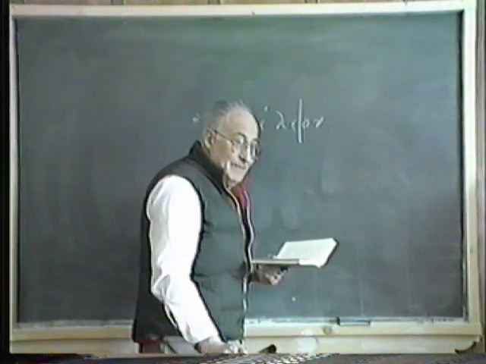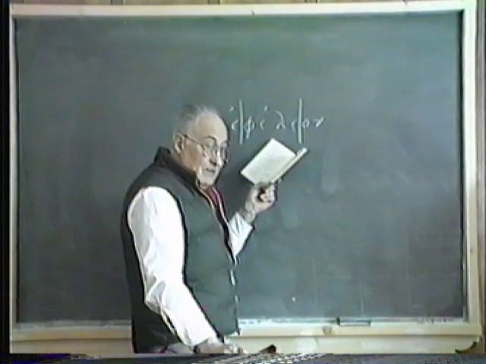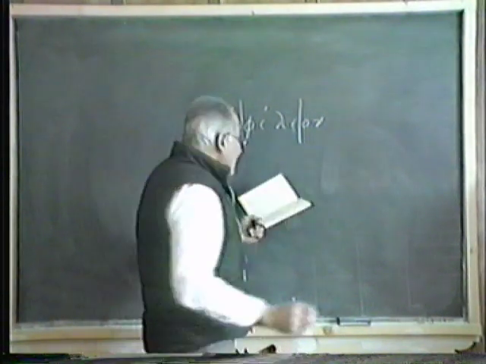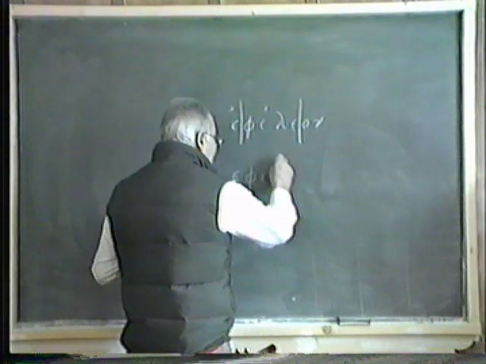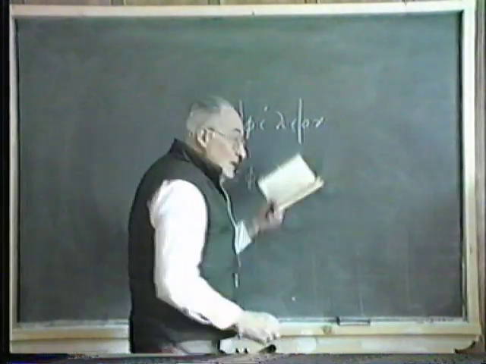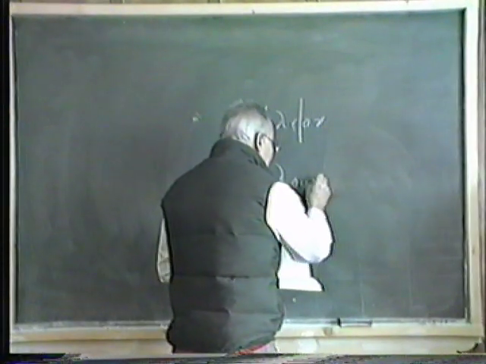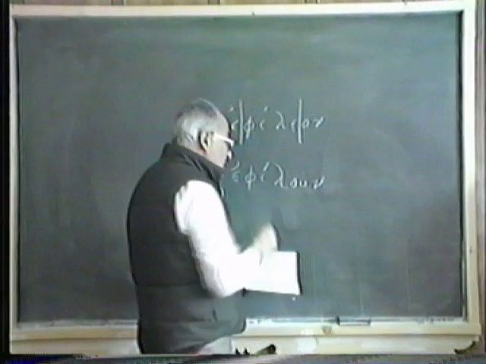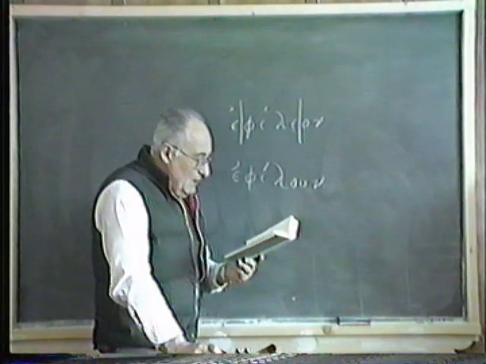Short ultima, isn't that right? Therefore, the accent falls on the antepenult. Okay. Now then, make that into a regular contract, and epsilon and omicron can contract to what? Ou, or ou. Epsilon. And your accent remains the same.